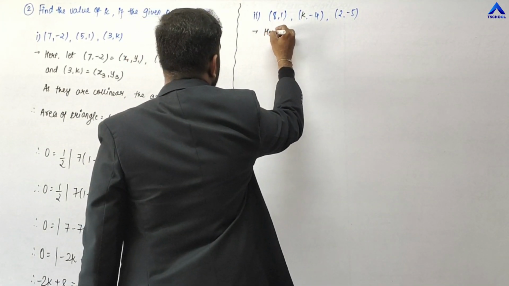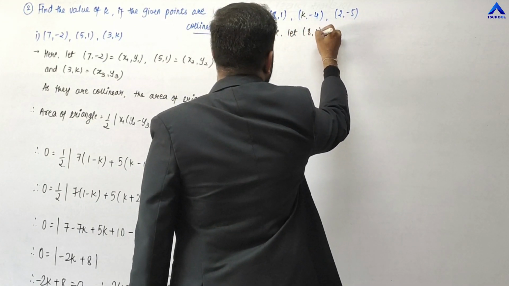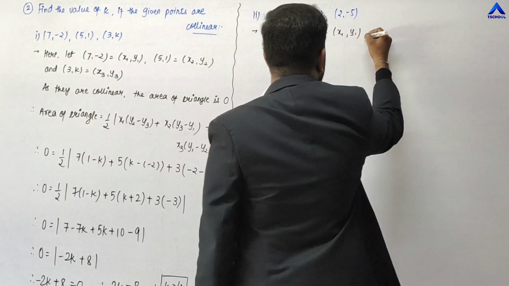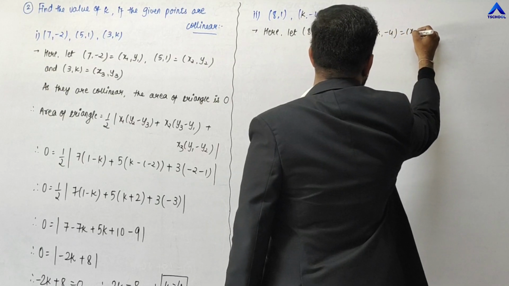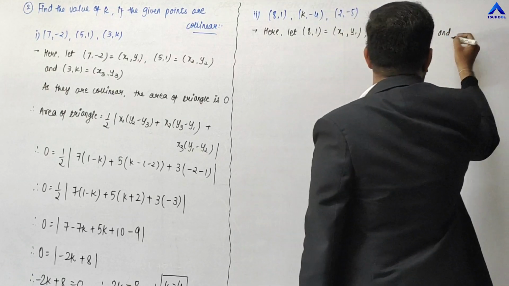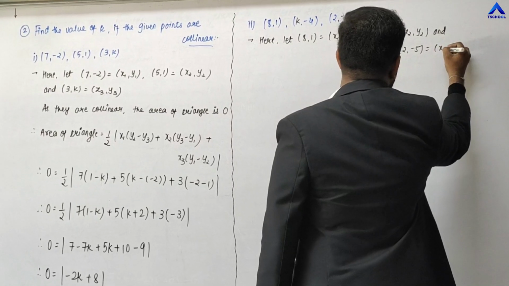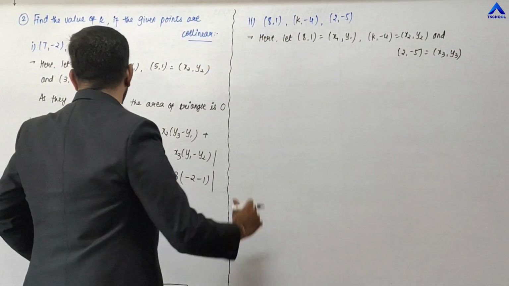So here let 8, 1 equal x1, y1, k, minus 4 equal x2, y2 and 2, minus 5 equal x3, y3.